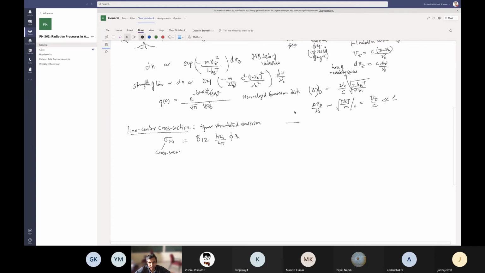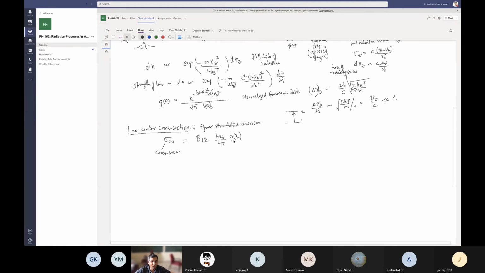So you have levels 1 and 2, and you are absorbing, and the electron goes to the higher state. So cross section is always proportional to Einstein's A and B's and the line profile.